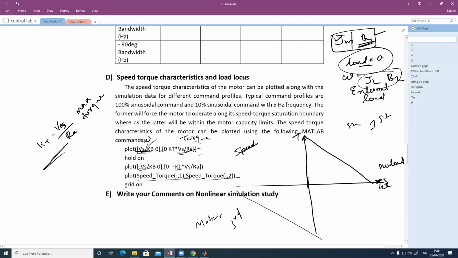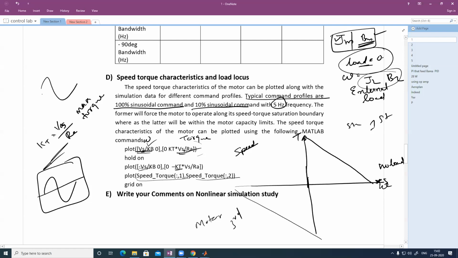So you have to choose a sine wave as input for measuring the speed torque characteristic. You are giving a 100% sinusoidal command and a 10% sinusoidal command of 5 Hz frequency. So you take a sine wave and apply it to the system and measure the speed and torque for 5 hertz frequency. 5 hertz means 5 into 2 pi.